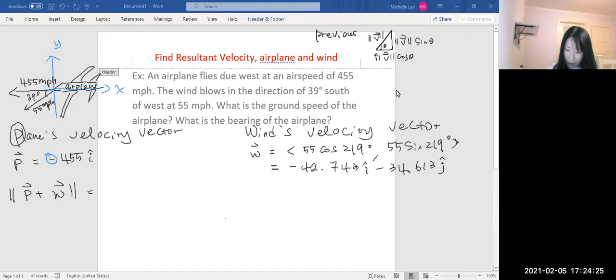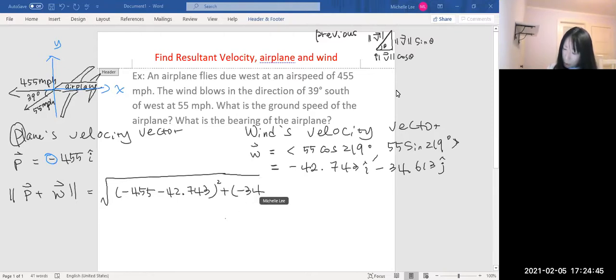So this will be i with i: negative 455 minus 42.743, squared, plus negative 34.613 squared, under the radical. Then what do we get?